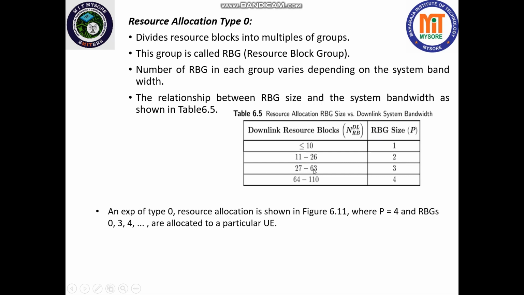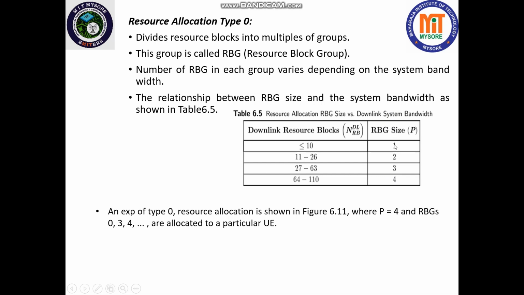If we have a number of resource blocks between 27 to 63, there will be 3 resource blocks in a group. If you have downlink resource blocks 64 to 110, then you have 4 RBs in a group. That is 4 resource blocks in one group.